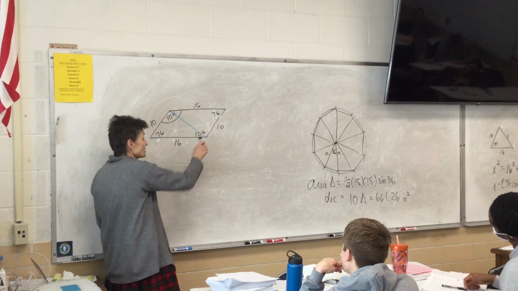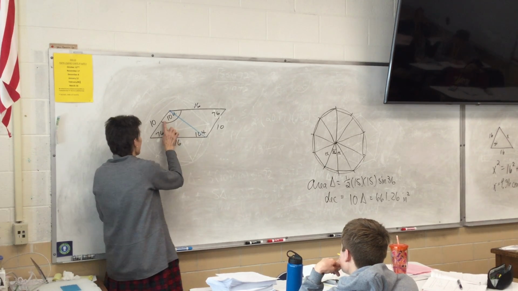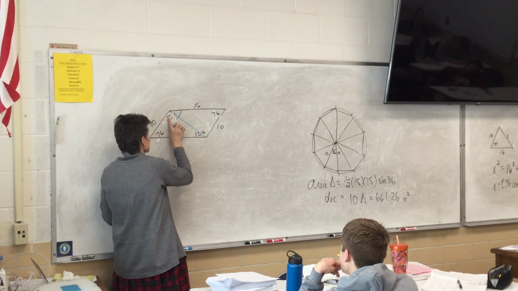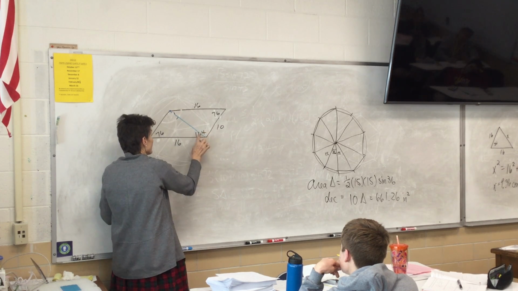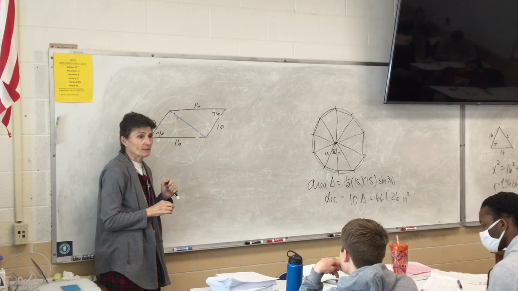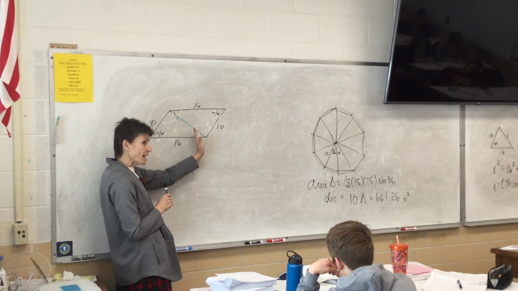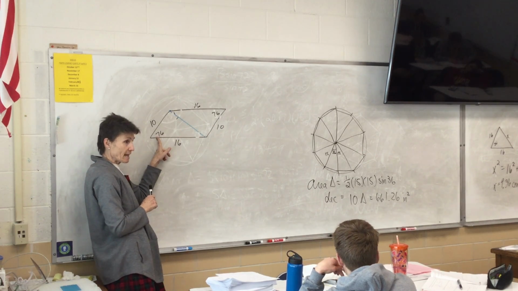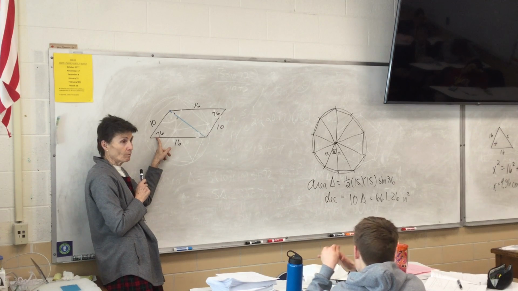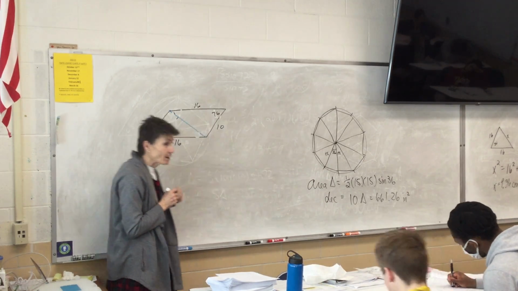If we split it like this though, what I want you to understand is, I know nothing about the size of these angles. They've been cut, but they haven't been cut in half. So once you choose that diagonal, you're gonna use this angle, because this is the only angle that you know. And we're finding area.